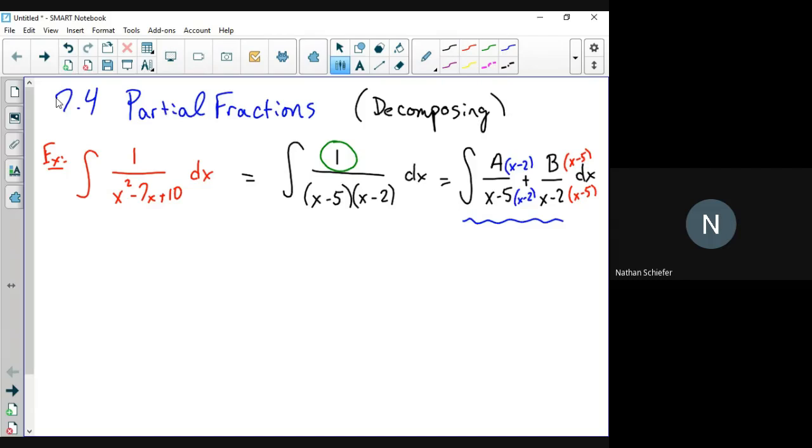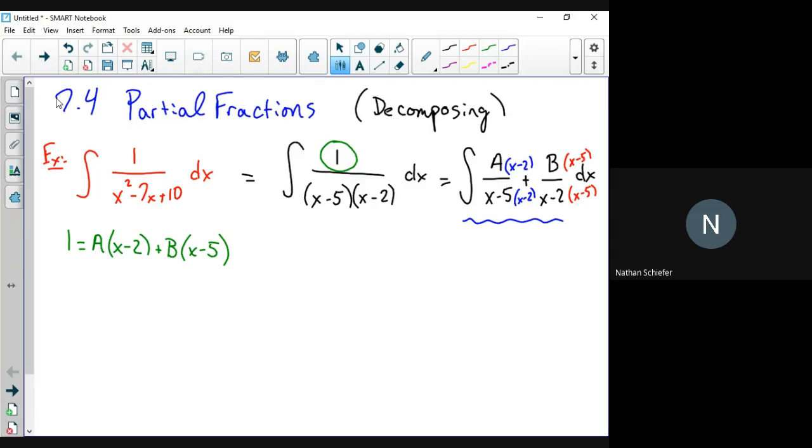But what it does is it allows me to see that this 1, which is in the numerator of my original integral, has to equal a times x minus 2 plus b times x minus 5. The numerator of this integral in the middle has to be equal to the numerator of the integral at the end.